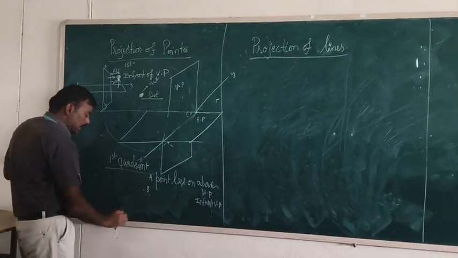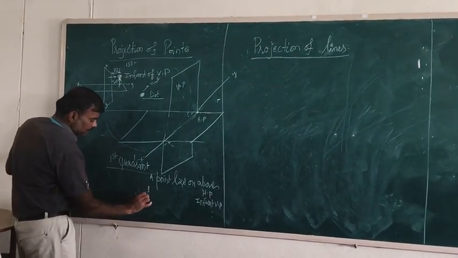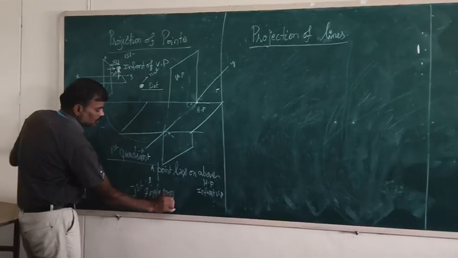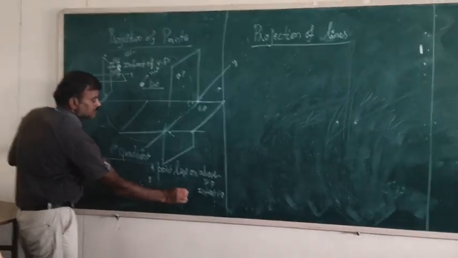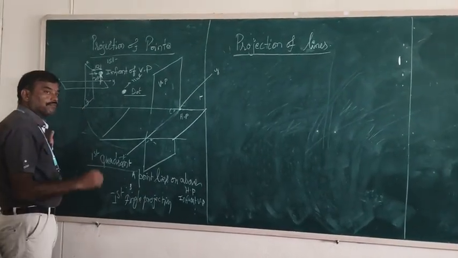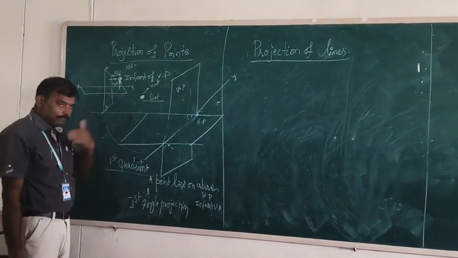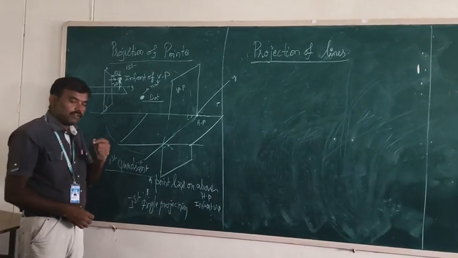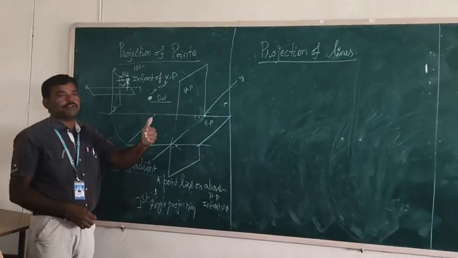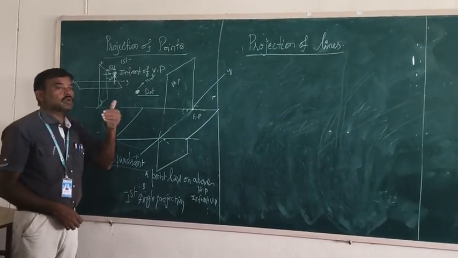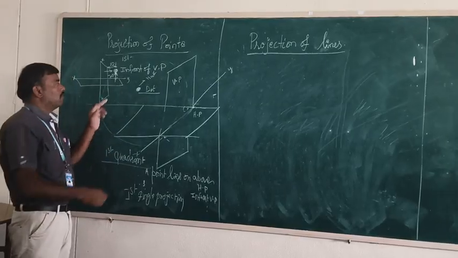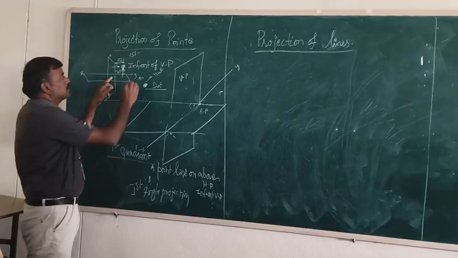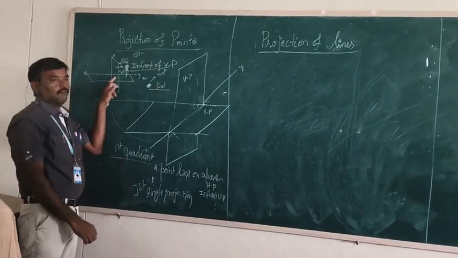So this is also called first angle projection. Always in first angle projection, the front view lies in front. Just like wherever you stand in front of your mirror, how your face looks in the glass, in the same way the observer sees this vertical plane as the front view.